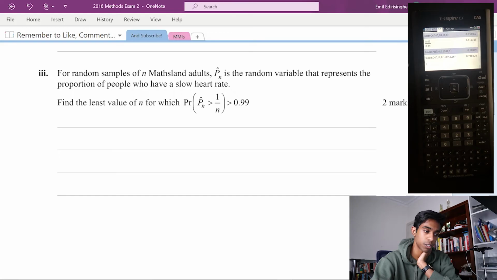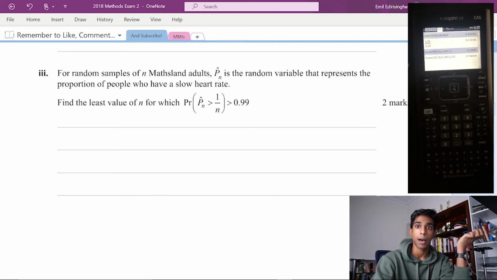So with the third part of this question, we have samples of n Mathsland adults. p hat n is a random variable that represents the proportion of people who have a slow heart rate. Find the least value of n for which the probability that p hat n is greater than 1 on n is greater than 0.99. I think the trick with this question is to figure out what it actually means. So p hat greater than 1 on n means that, for example, if there were 30 people in the sample, the proportion is the number of people who have a slow heart rate.